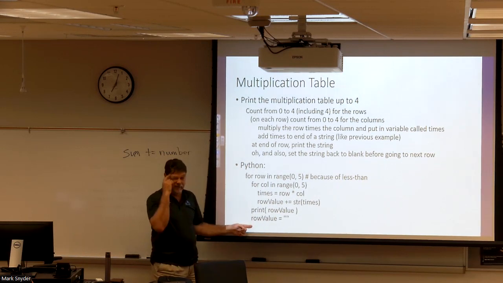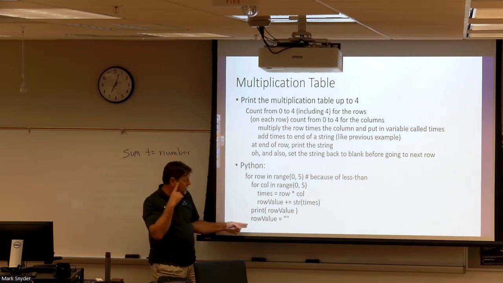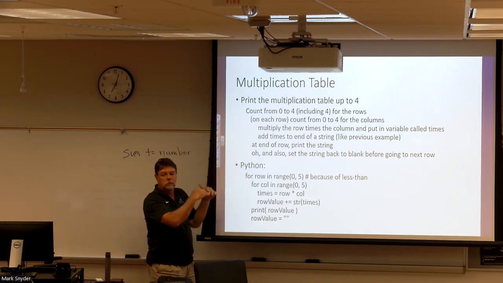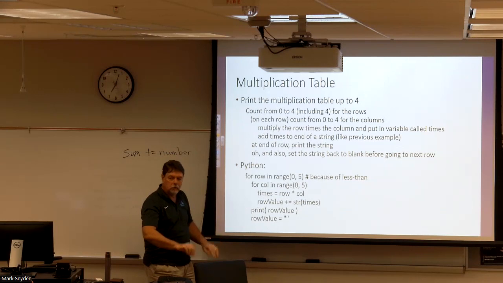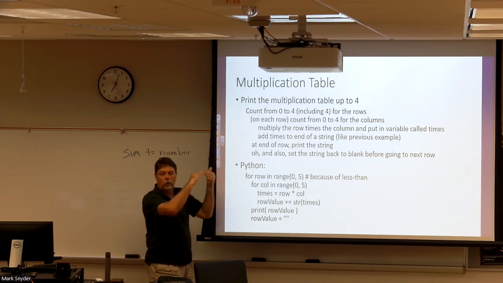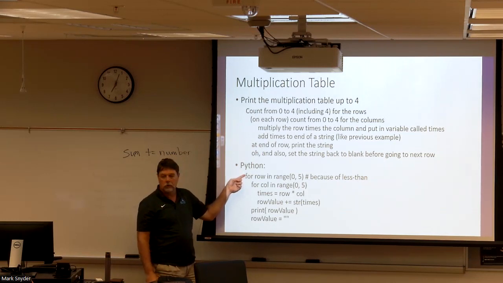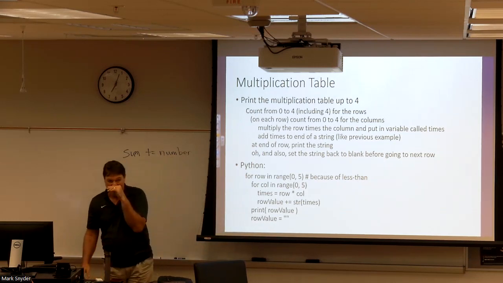And then, because we're smart now, we clear the value of the row back to blank, and we go back to the outer loop. So we start on row 2. Concatenate it together, print it, clear it, go back to the outer loop for row 3 until we've done all of our rows. Make sense?